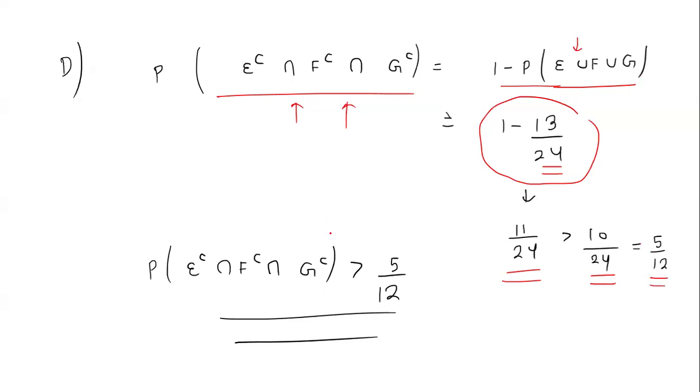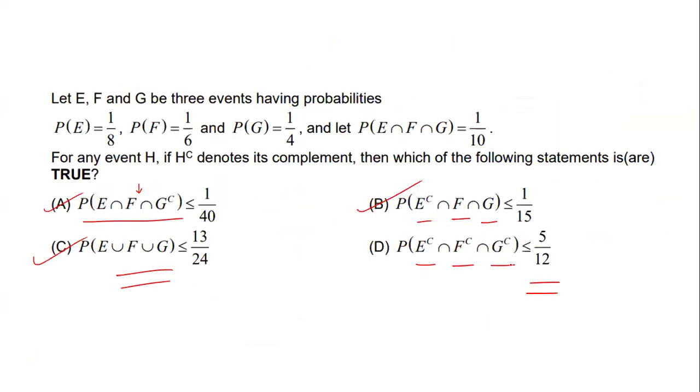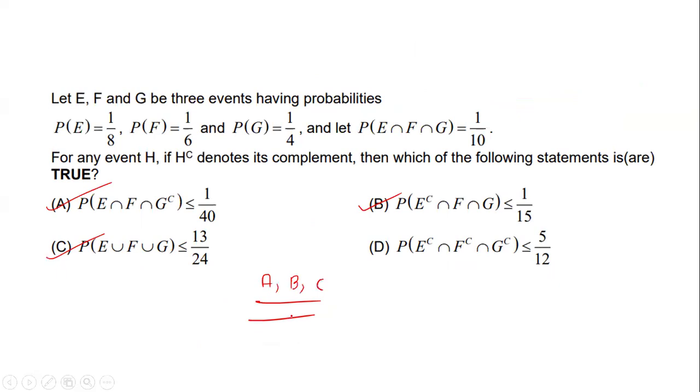So we can directly say that this probability is greater than 5 by 12. In the problem it is given that this is less than or equal to 5 by 12, which is wrong. So the correct options are the A option, B option, and C option. So A, B, and C are correct for this problem. In this way we can solve it.